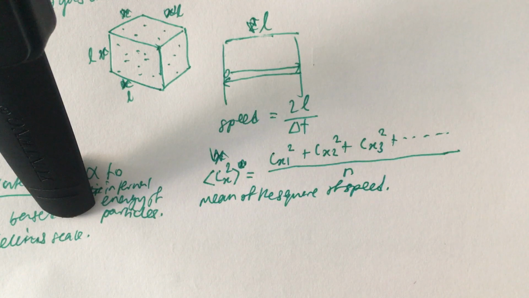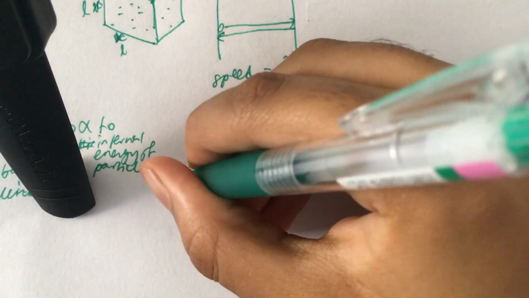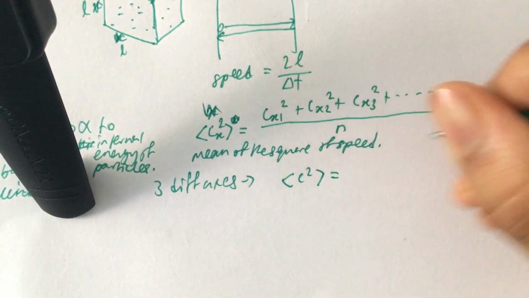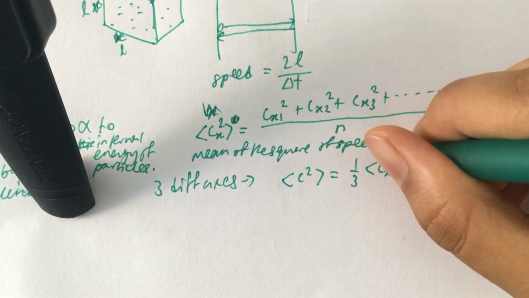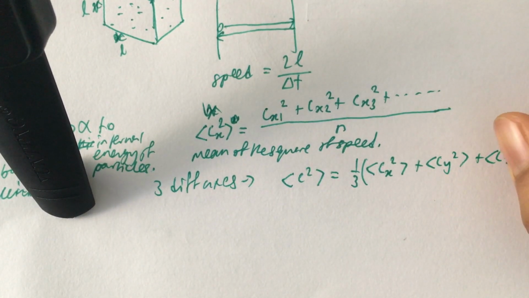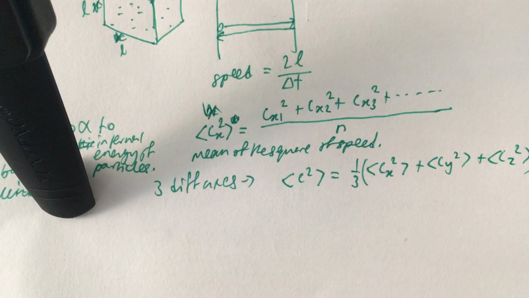Okay, sorry, the mean of the square of all of the speeds is equal to <c_x squared>. Since there are three different directions, three different axes, that we are considering, the speed from each of them contributes 1/3 to the overall average of the square speed, and therefore you get <c_x squared> = 1/3 <c squared>.